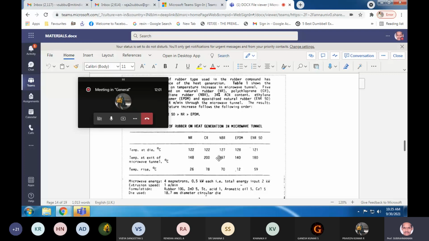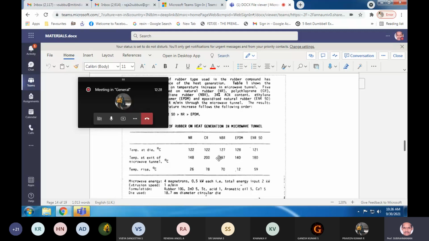If you want to realize the role of process aid on the vulcanized properties, then the choice comes, should it be aromatic oil or a naphthenic oil?